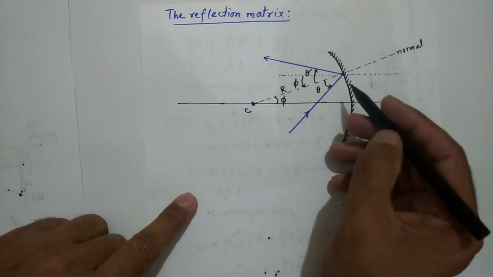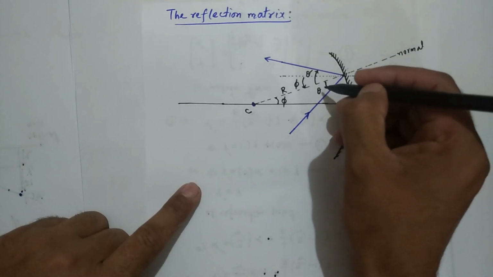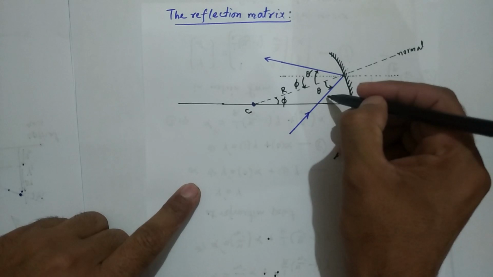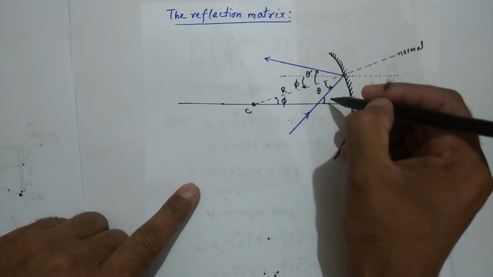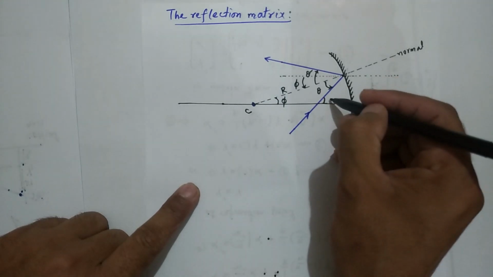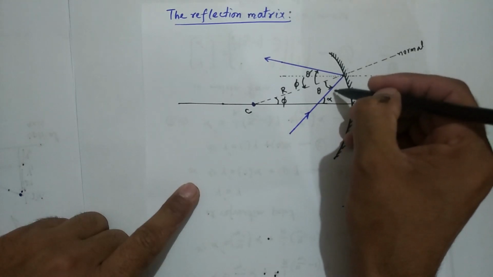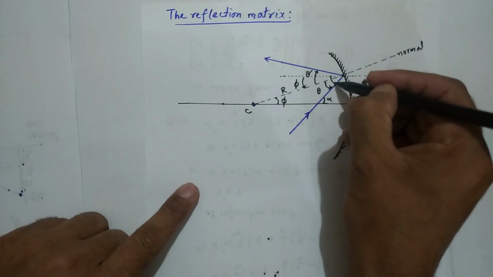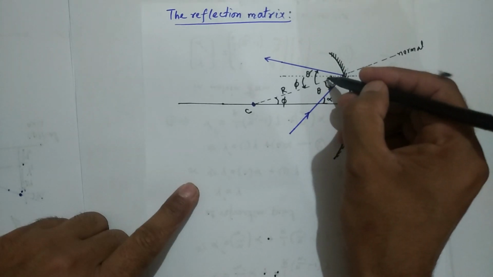Similarly, the angle of the incident ray with the optical axis, as you can see here, we represent this by alpha. So if this angle is alpha, this should also be alpha with the optical axis, the angle of the incident ray.